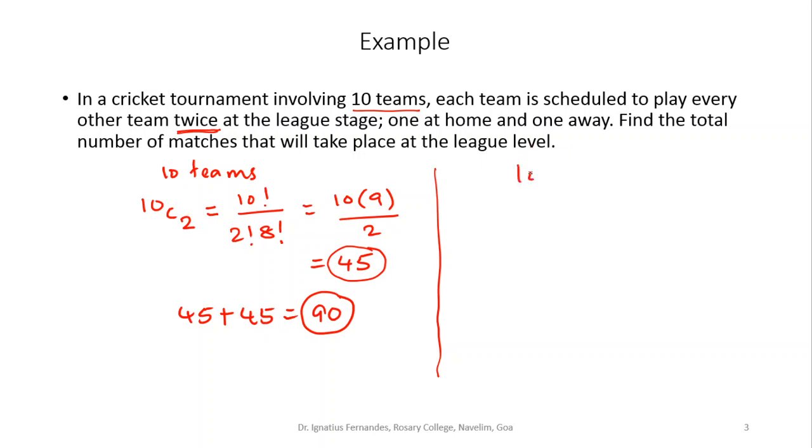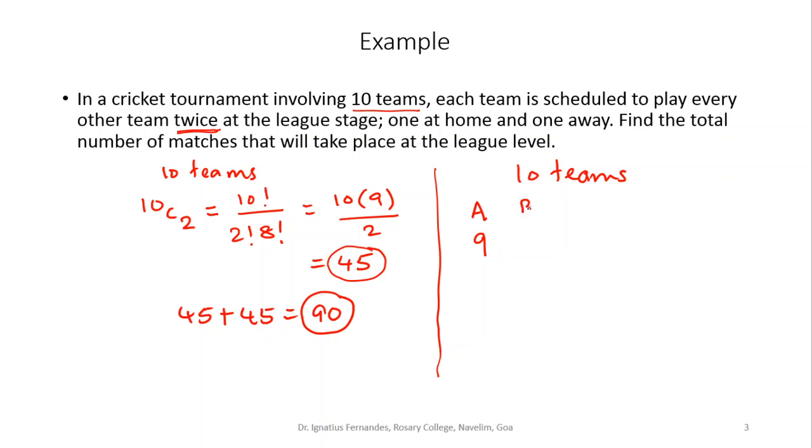Since I have 10 teams, if you start with any team, say team A, how many matches will team A play? Team A will play with every one of the remaining 9 opponents, so A will play 9 matches.